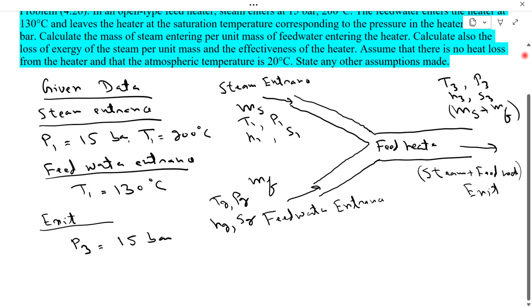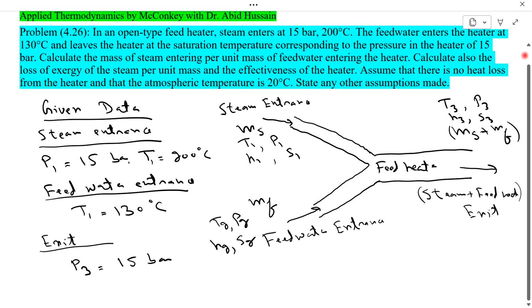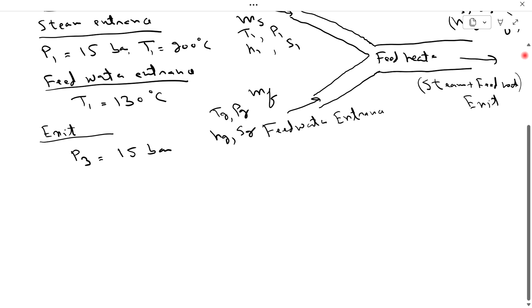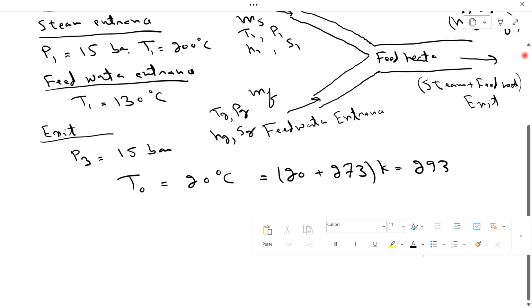At the end of the problem, we are given the atmospheric temperature T naught, which is 20 degrees centigrade, equal to 20 plus 273, which is 293 Kelvin.